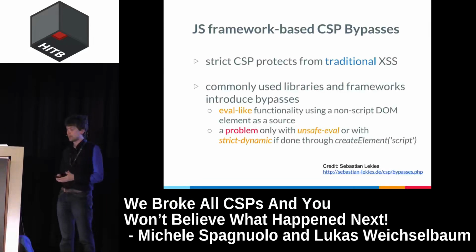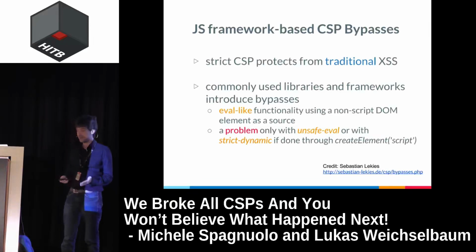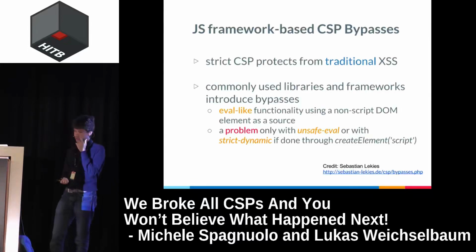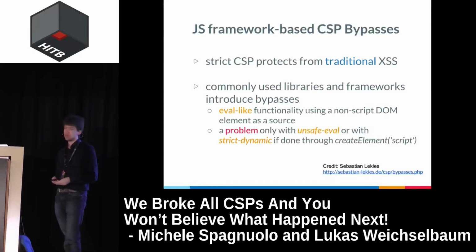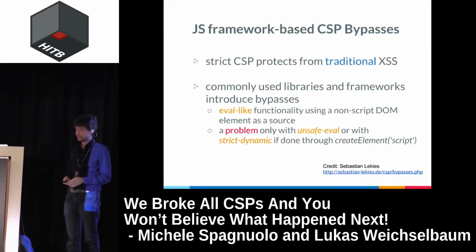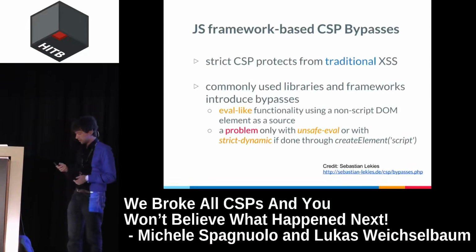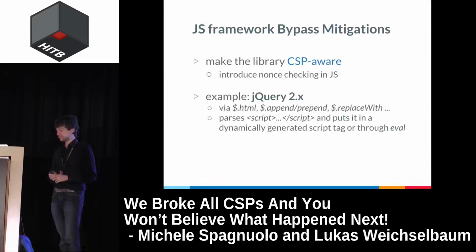If you have powerful JavaScript frameworks or libraries that have some kind of eval-like functionality using a non-script DOM element as a source, then you have a problem. You have a problem not really with nonce-based policies, but with strict-dynamic. So we have a problem with automatically blessing script creation through the JavaScript DOM API, such as createElement script. And if you have unsafe-eval, also that. I'll explain in more detail what it means.